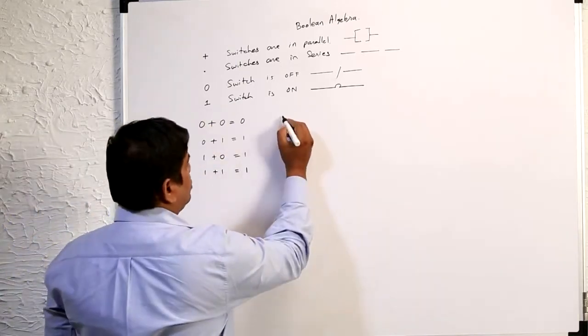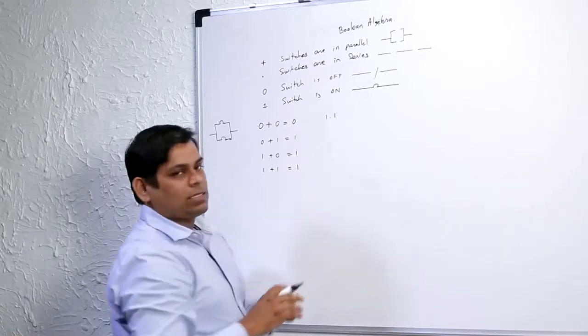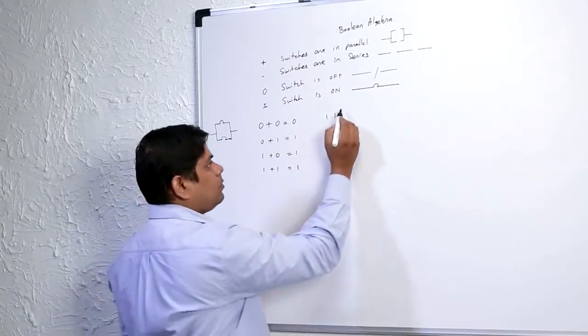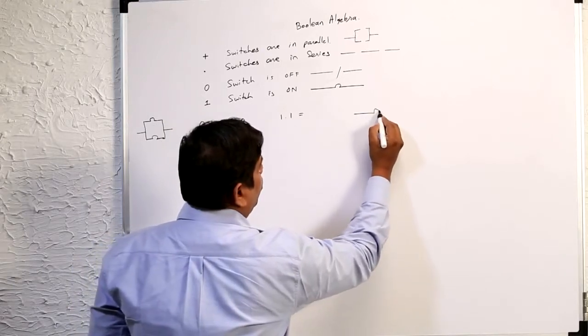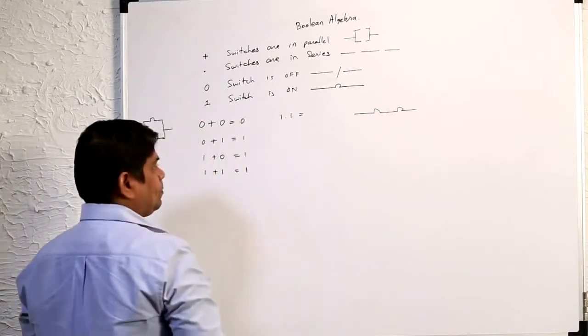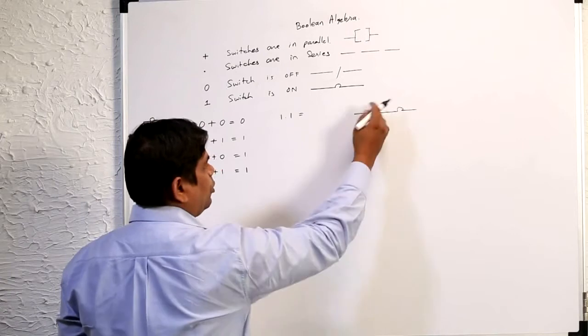Let us see what happens to 1 dot 1. Here dot means switches are in series. We have an on switch connected to another on switch. If you supply current here, will it reach here? Yes, it reaches there.